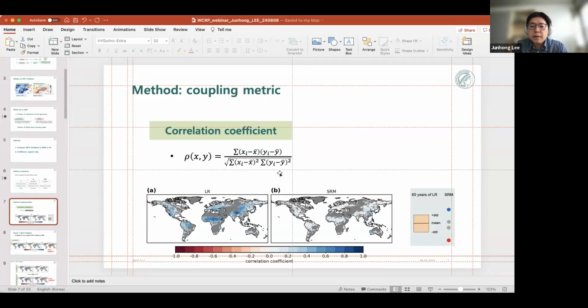So both the low resolution and the storm resolving scale simulation are interpolated into the 2-degree boxes. Then I compute the correlation coefficients. So I would say scale mismatch is okay for that. And I also computed the other way around, but the main results are the same.